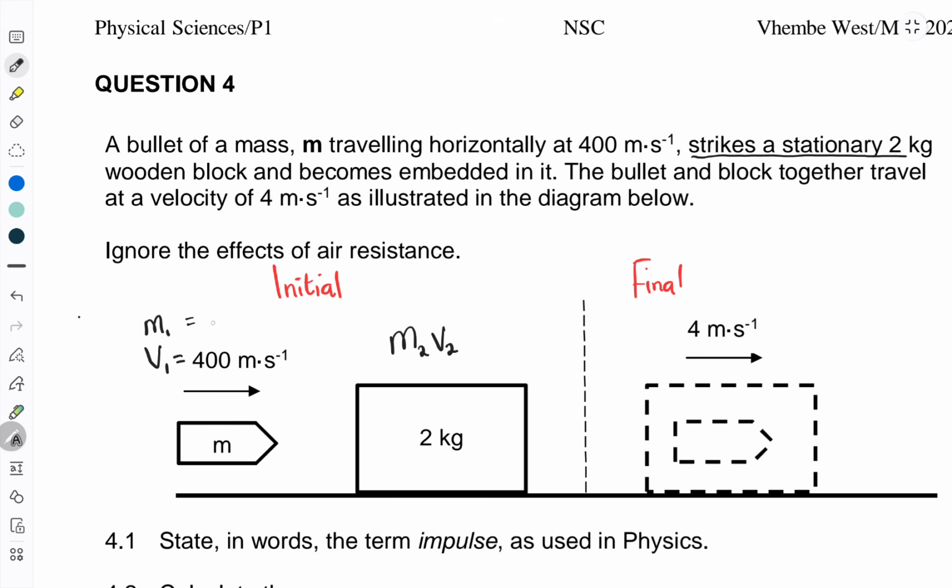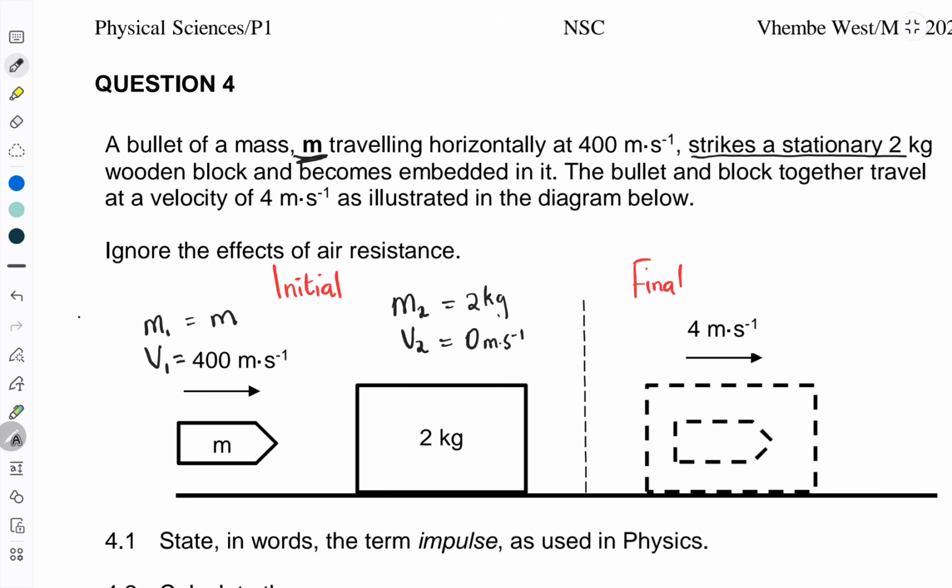M1 is unknown, we call it M. M2 is the mass of the block, which we are told is 2 kilograms, and it is initially stationary. So V2 for the initial state is 0 meters per second.